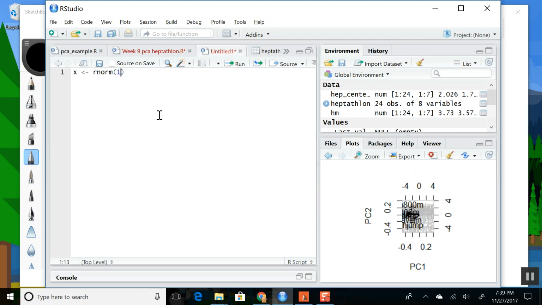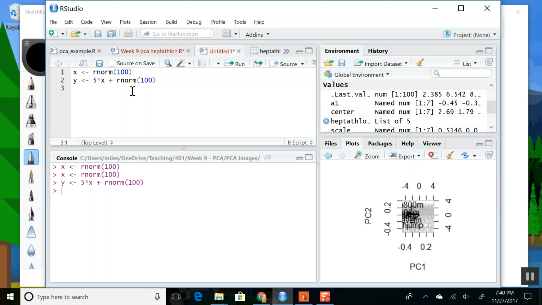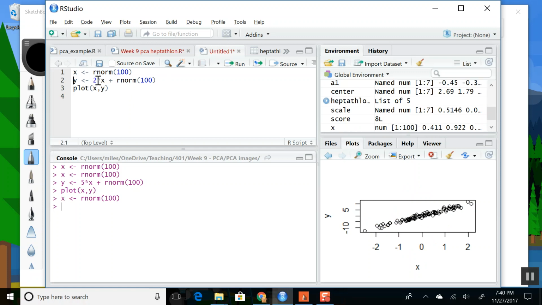Maybe I'll generate 100 random points for X, and then Y will be 10 times X plus maybe 5 times X, and we'll add some random noise to that also. Maybe we should not have as much.